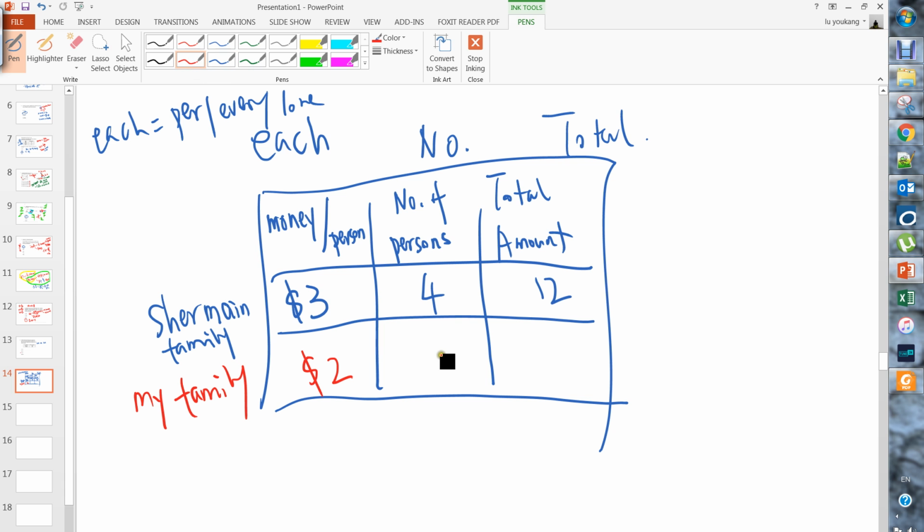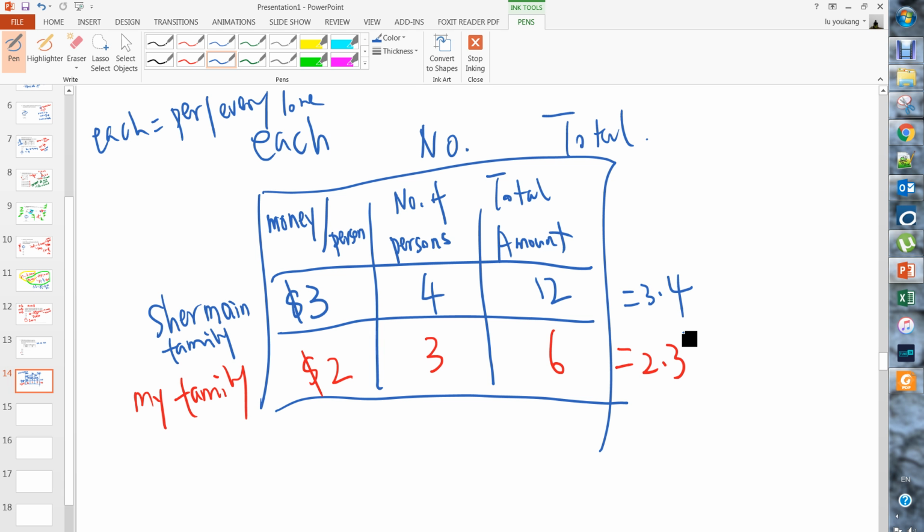So what is the total amount? 6. Very good. How do you get 6? 3 times 2. Okay, good. So basically this one is 2 times 3, and the above one is 3 times 4, right? Basically, what you do is use the each times the number, and that equals the total.